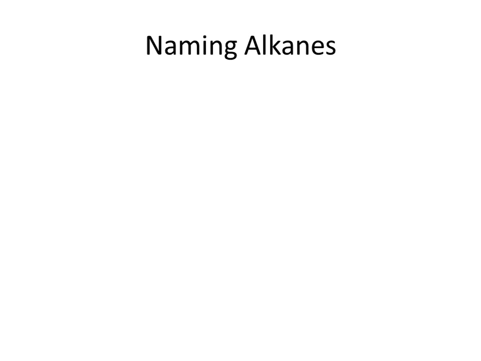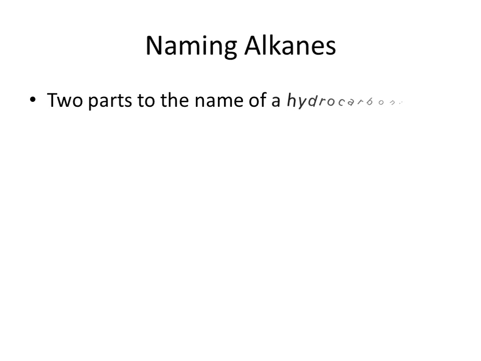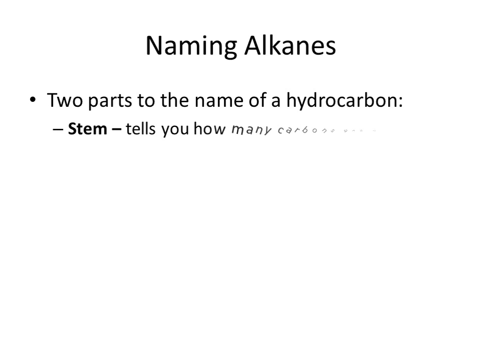When we name alkanes, and really the key to understanding organic nomenclature in general, is to realize that each part of the name tells you a different part of the structure. Now with the alkanes, it's a very simple structure, and so there's only two main parts that we need to worry about. The first part is the stem, and sometimes you'll hear me refer to it as the prefix, but the stem or the prefix of the name is going to tell you how many carbons are present in that structure.